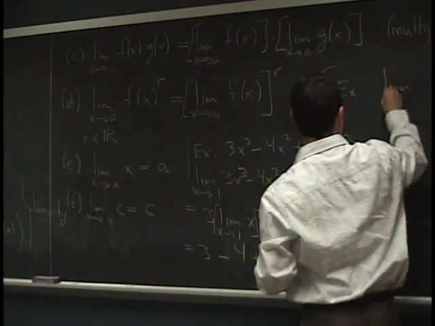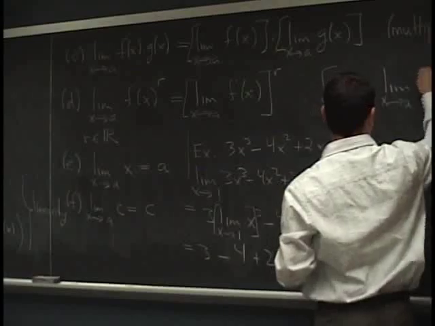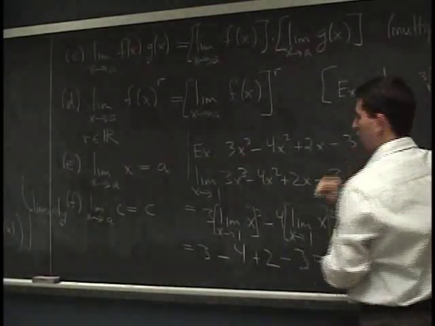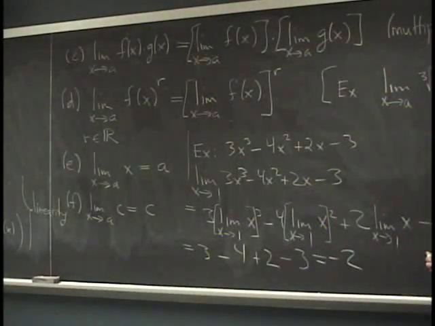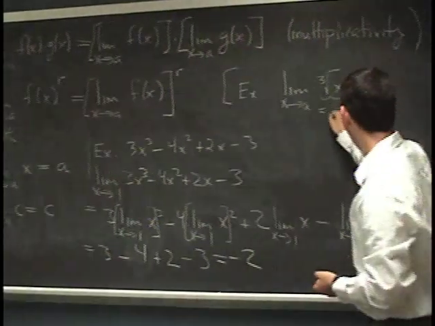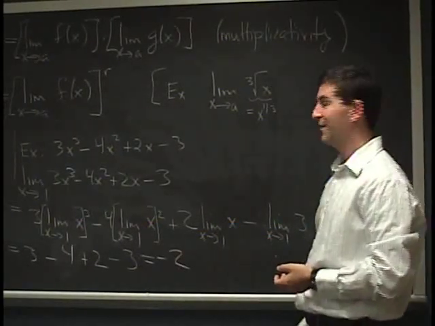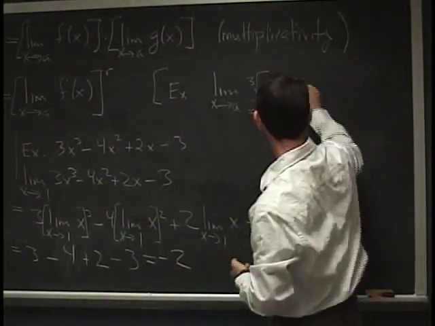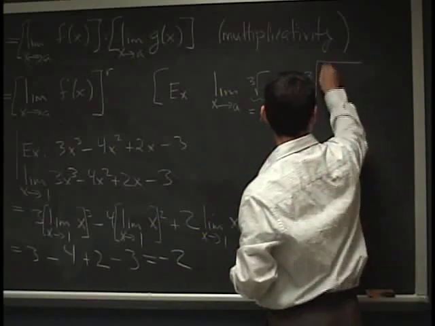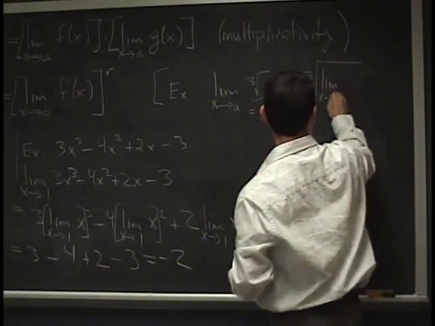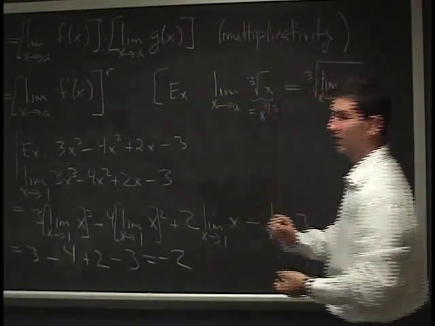the limit, say, as x approaches a of the cube root of x. Right? The cube root of x is the same as x to the 1/3 power. So that means you can write this limit as the cube root of the limit as x approaches a of x.